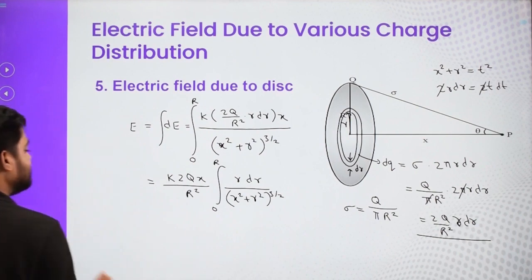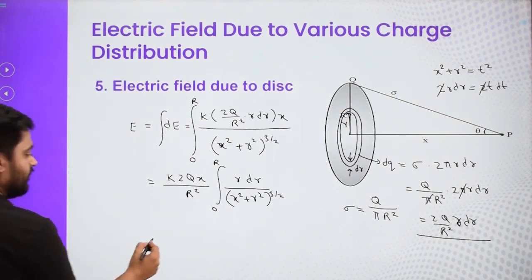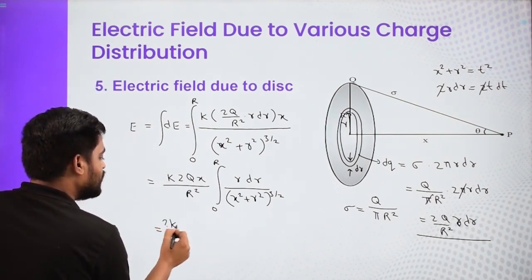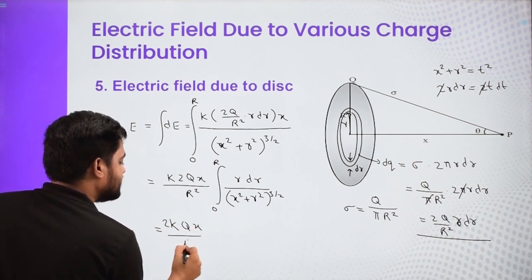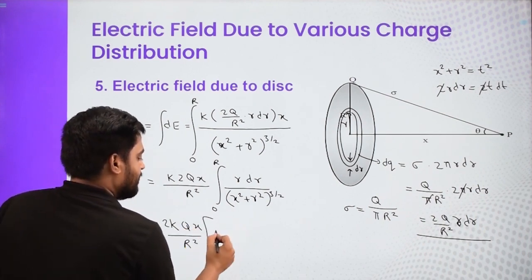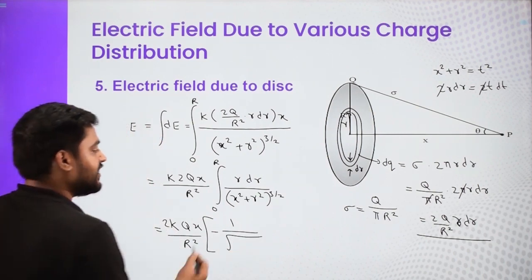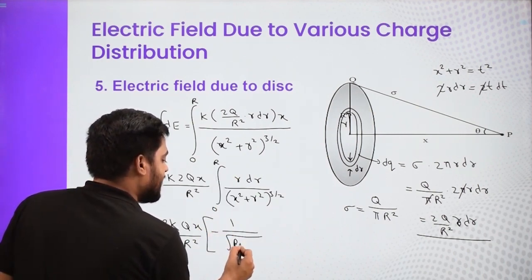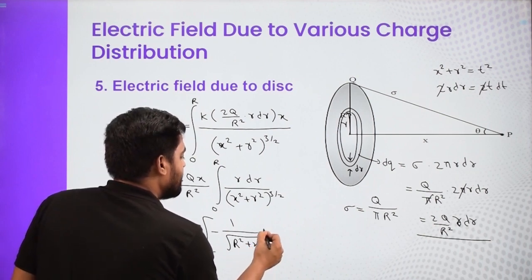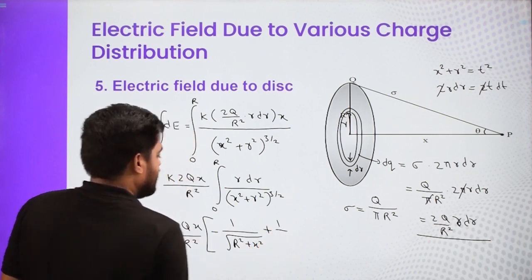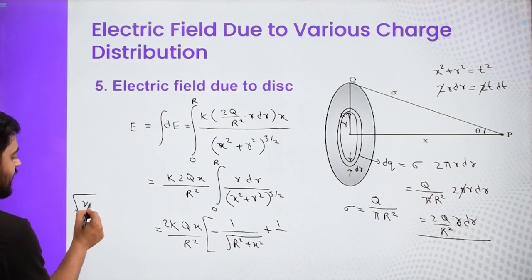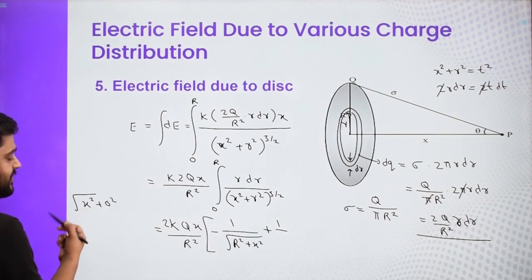So the integration is k 2qx by capital R square times minus 1 by root over r square plus x square. What is the first? The first is capital R square plus x square, minus the second, plus 1 by root over x square plus 0 square, that is simply x.